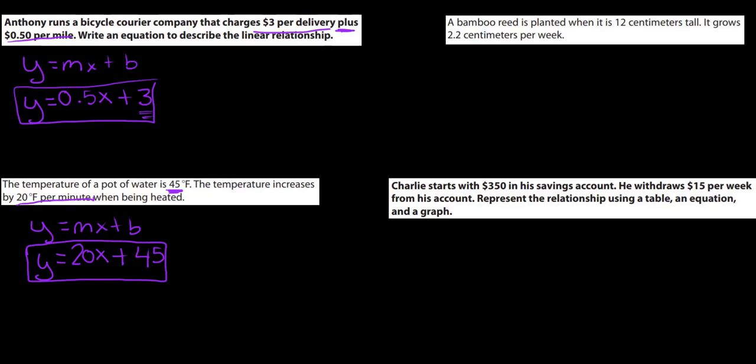Let's go ahead and try another example. A bamboo reed is planted when it is 12 centimeters tall. It grows 2.2 centimeters per week. Okay, so I'll go ahead and write my equation, y equals mx plus b. I know for sure that this is changing per week. So since this value is changing, it's going to be my variable.